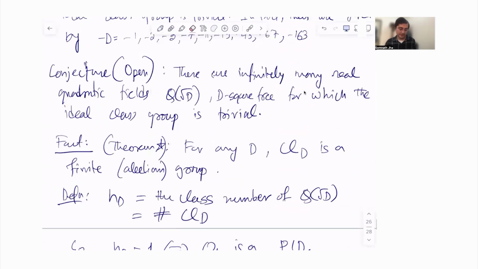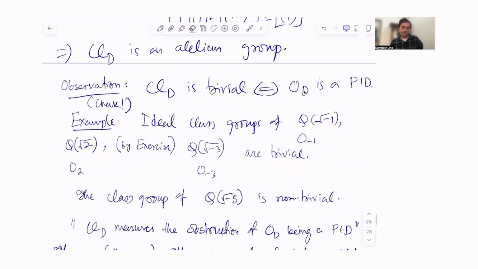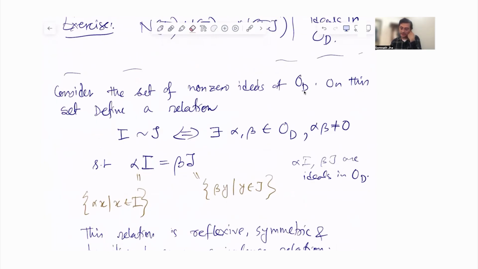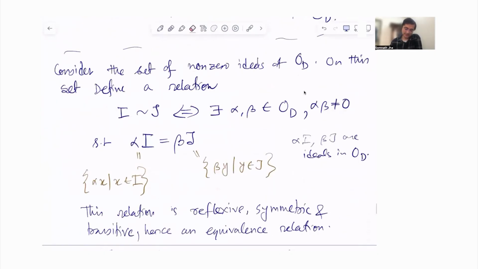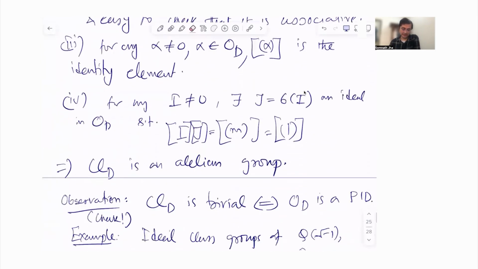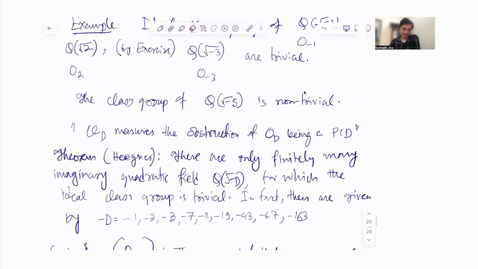Let me summarize again. We define the ideal class group as the set of equivalence classes of non-zero ideals of O_D, by the relation that I is equivalent to J if and only if there exist alpha, beta in O_D such that alpha times I equals beta times J. This set of equivalence classes is the ideal class group, and it is known to be finite always.